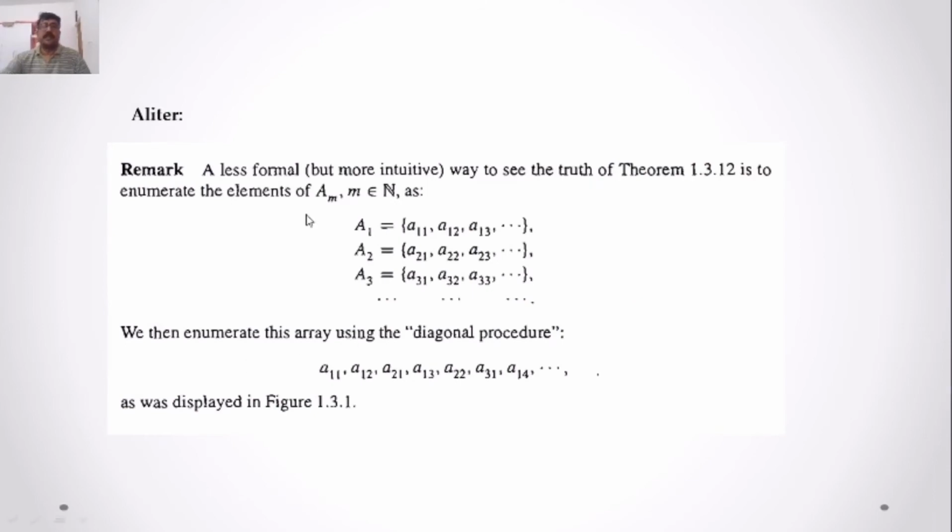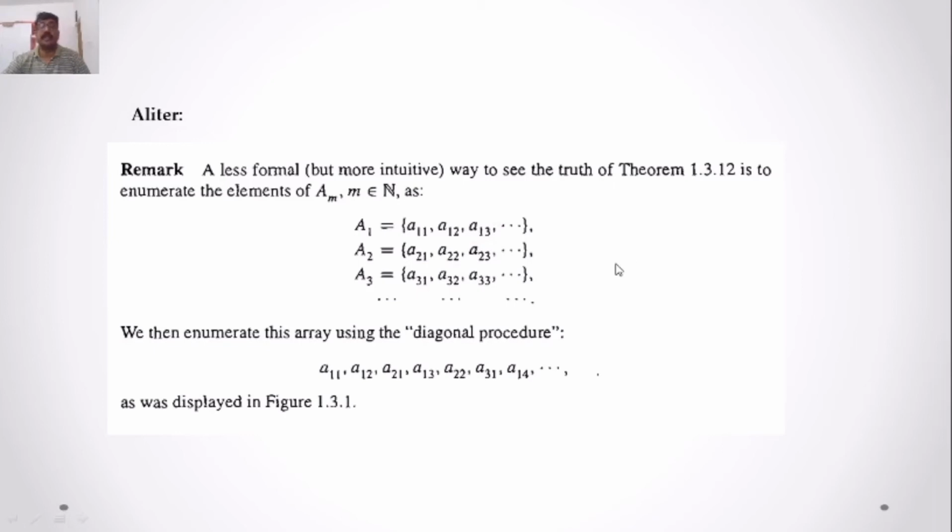Now there is another way to establish this result. Because each A_m is countable, A_m can be listed as a sequence like this: A1 can be listed as A11, A12, A13, etc. A2 you can write as A21, A22, A23, etc. Now, taking elements diagonally, A11 you write in the first row, A21, A12 in the second row, A31, A22, A13 in the third row.